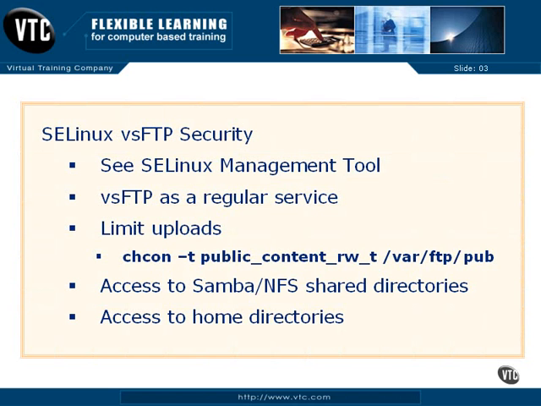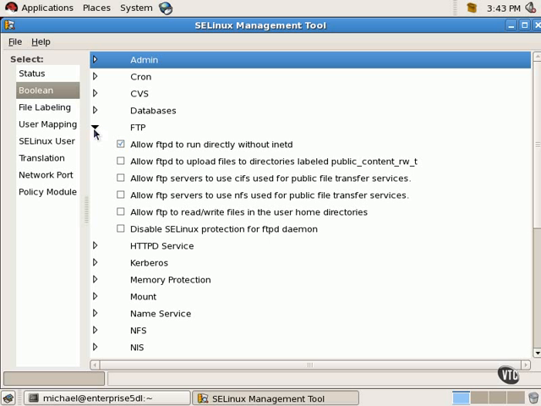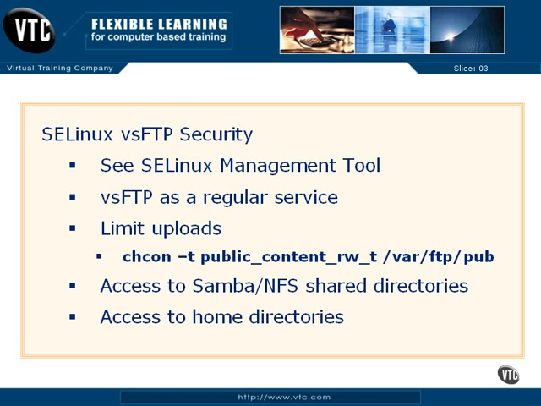Finally, security includes settings associated with Security Enhanced Linux. Let's review the options associated with FTP. The Security Enhanced Linux Management tool is easiest to see and configure from the GUI. The settings associated with FTP apply to the FTP server.